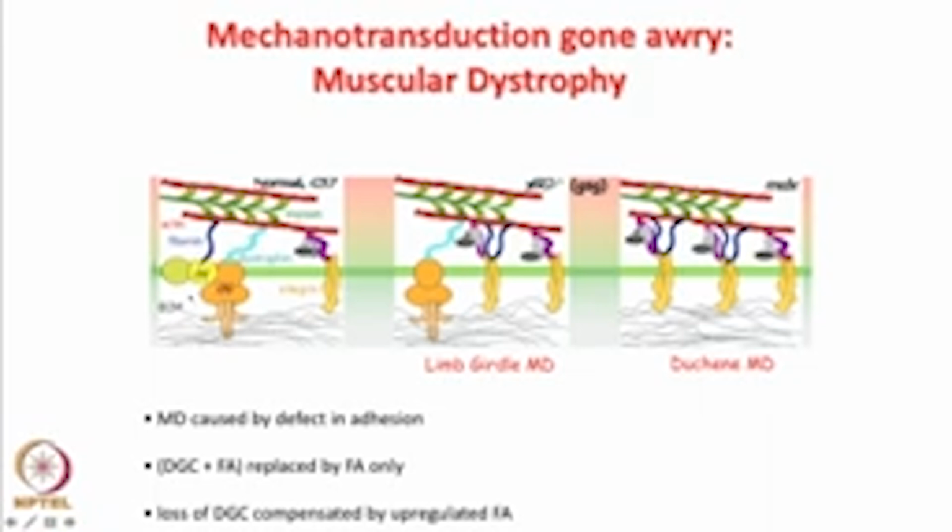Particularly this molecule called SG, short form for sarcoglycan, gamma sarcoglycan is missing, as a consequence of which there is still some link to the cytoskeleton through the dystrophin molecule, but the entire protein network is not there. You have another form of muscular dystrophy called Duchenne muscular dystrophy, where, because the dystrophin gene is not produced, the entire dystroglycan complex is missing, and in this case, the linkage is only through the integrins. Okay.